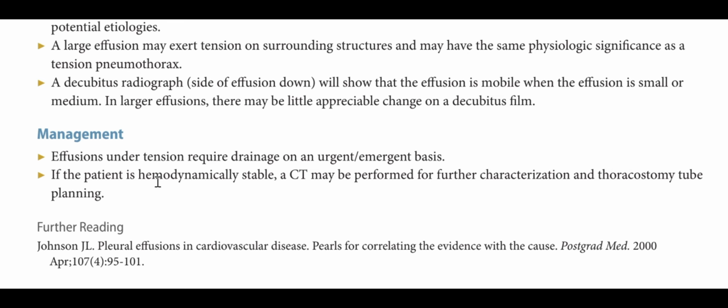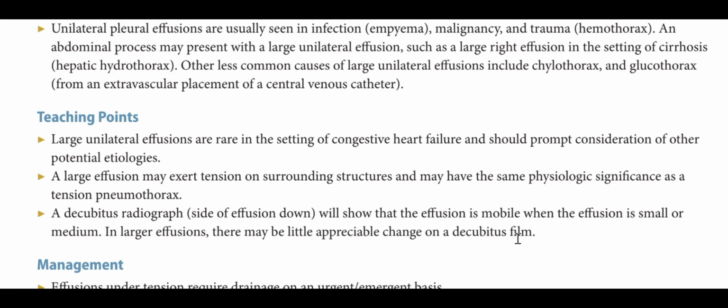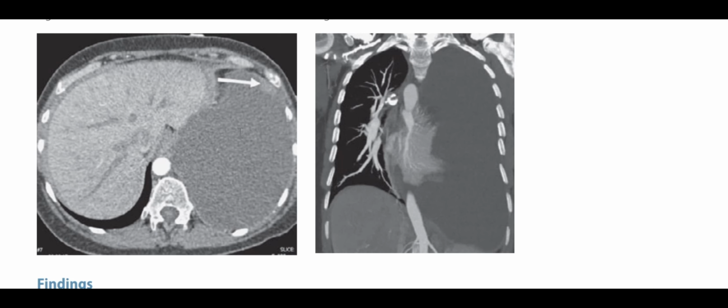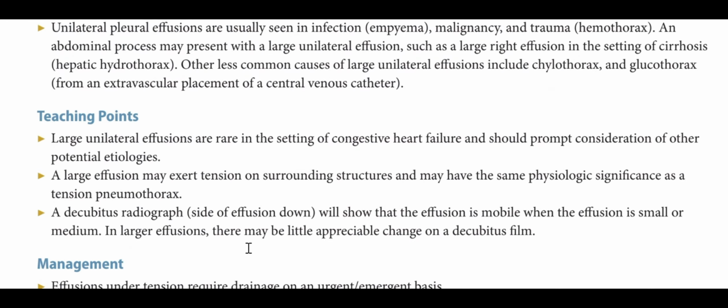If the patient is not hemodynamically stable, drainage is done on an urgent basis, and a CT scan may be performed for further characterization. Here, the CT scan revealed this enhancing nodule, indicating that this effusion under tension is of malignant etiology.